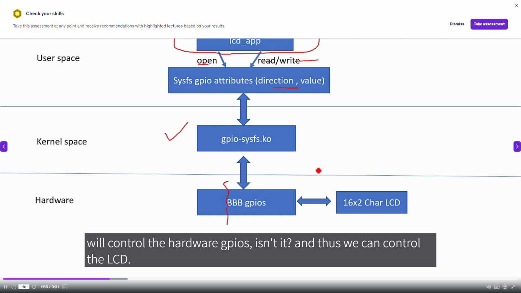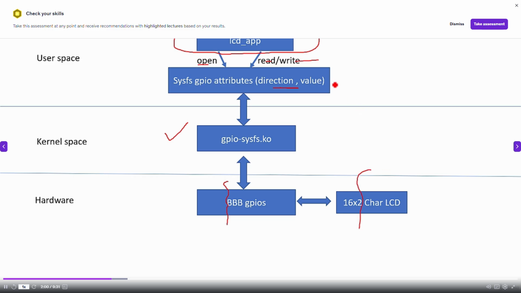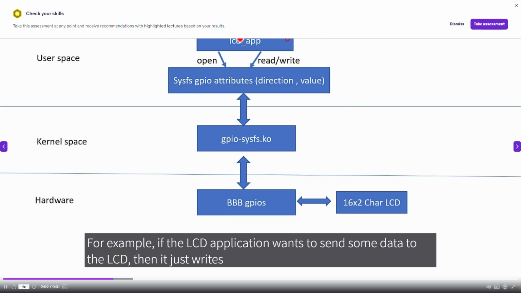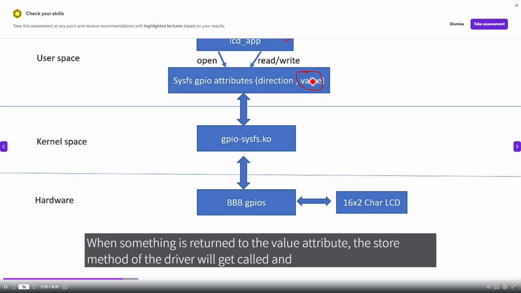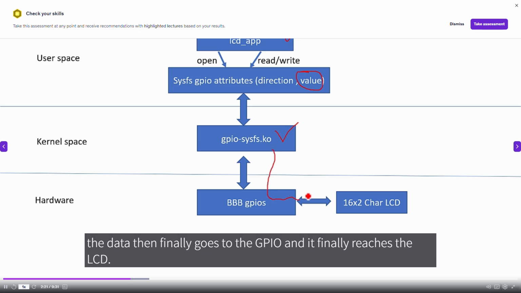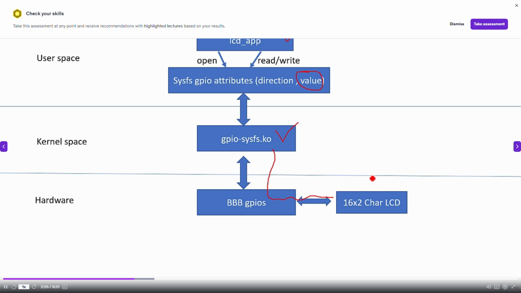And thus we can control the LCD. For example, if the LCD application wants to send some data to the LCD, then it just writes that data to the value attribute. When something is written to the value attribute, the store method of the driver will get called, and the data then finally goes to the GPIO and it finally reaches the LCD.